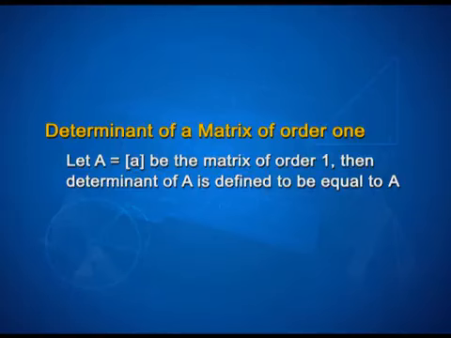Now, let us look at the determinant of a matrix of order 1. Let A be a matrix of order 1, then the determinant of A is defined to be equal to a.